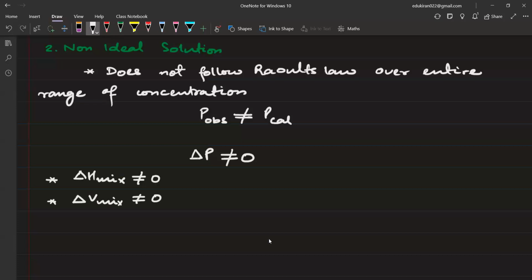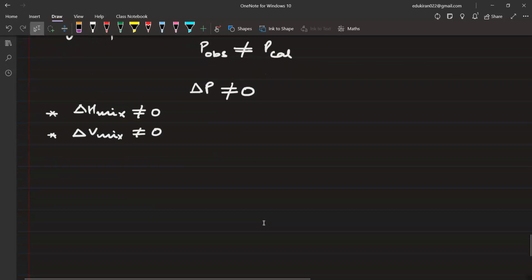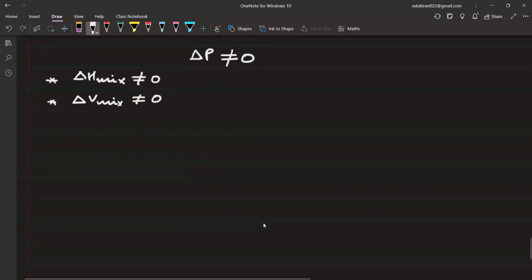Now from here we can only write two points. We cannot write delta G, because if they are not equal, then there are two cases. So that we will discuss now.